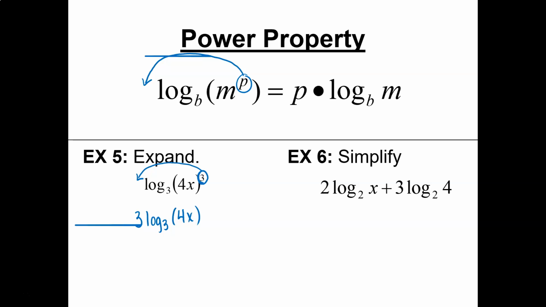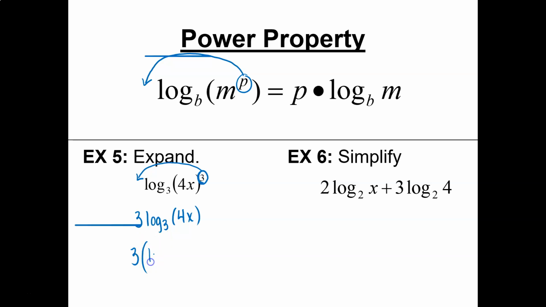Now, here's a place where our extra parentheses or brackets are going to matter. Because we can break 4x apart, but this 3 needs to be multiplied by the whole thing. So right here, if I'm going to break it up further, I need to have a set of parentheses or brackets showing that 3 needs to be multiplied by all this stuff here.